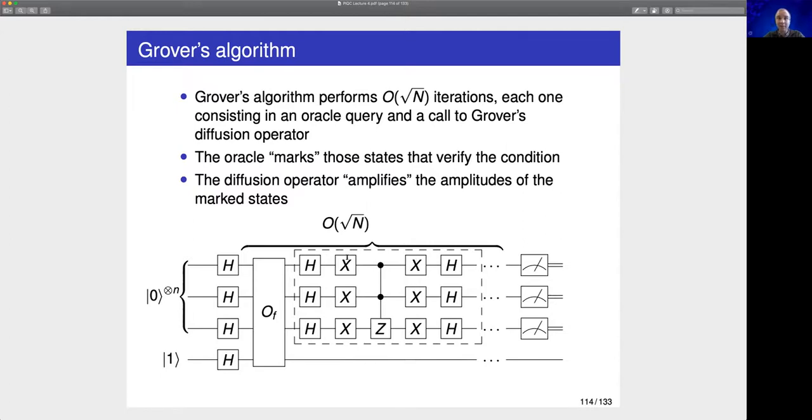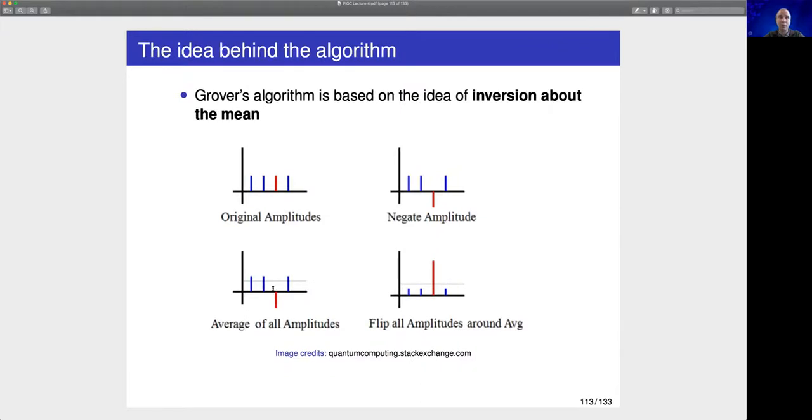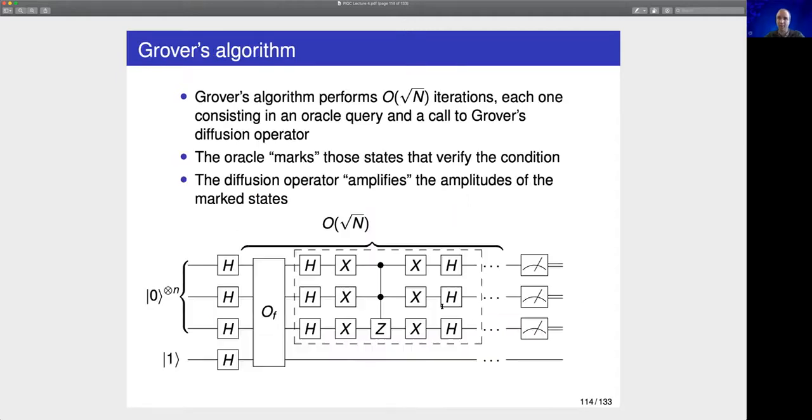And then we have this part of the circuit, which is called Grover's diffusion operator, which computes this average and performs this inversion around the mean. And we need to repeat this a number of times, which is proportional to the square root of the total number of elements in our list.